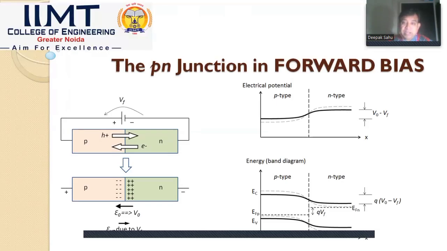So we can clearly see the earlier barrier was V naught, and now it is less by the amount VF. By how much VF rises, the resultant V naught minus VF decreases, and the barrier to cross the carriers from either side is reduced, which eases the transfer process of diffusion.